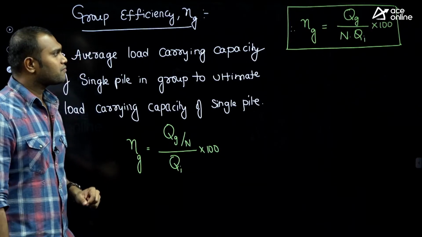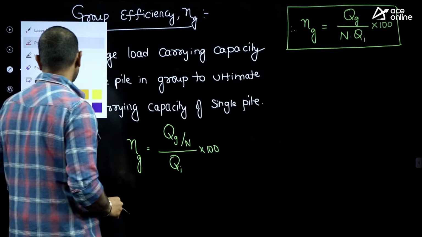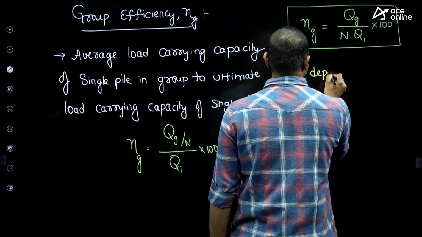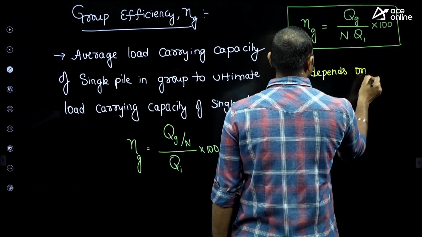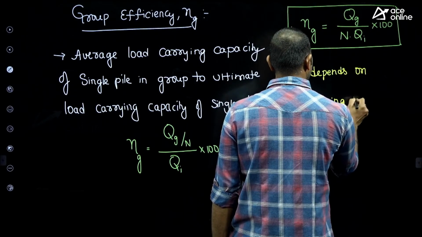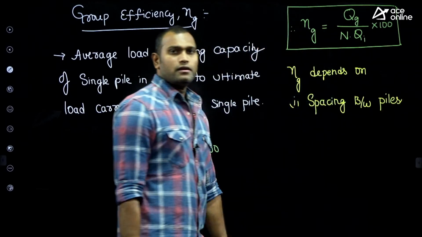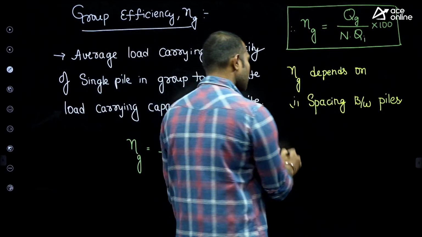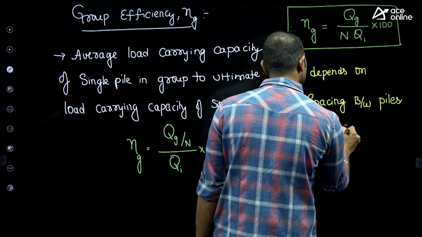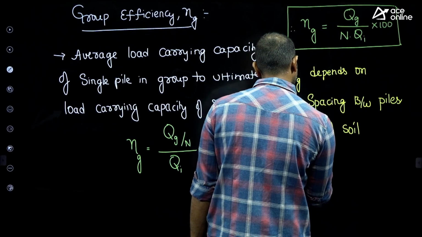Now, I already mentioned that based on the type of the soil, this group efficiency depends on: number 1, spacing between the piles; number 2, type of soil; number 3, method of installation.